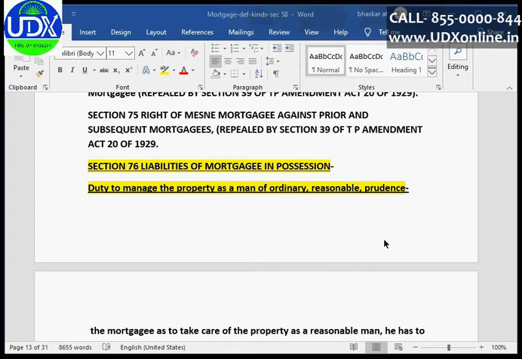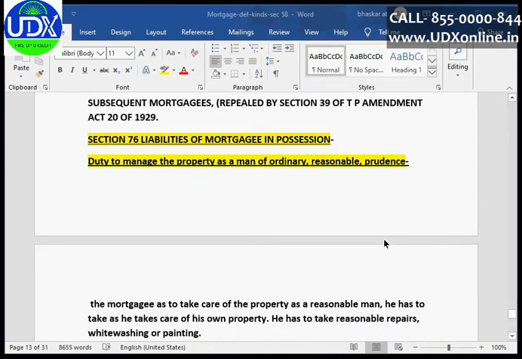So, as the owner, we take care of the property. But a person who is not the owner of property may not take the same care as he will take to his own property.